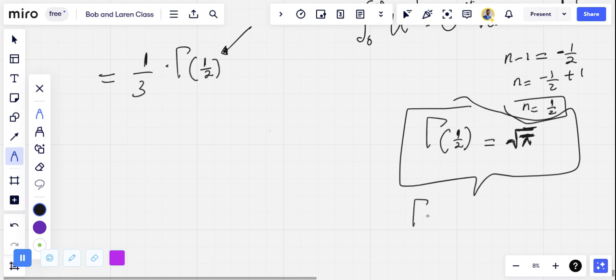What if you now want to look for gamma of, let's say, this 1 over 2? There are some other gamma of a fraction that you need to know.